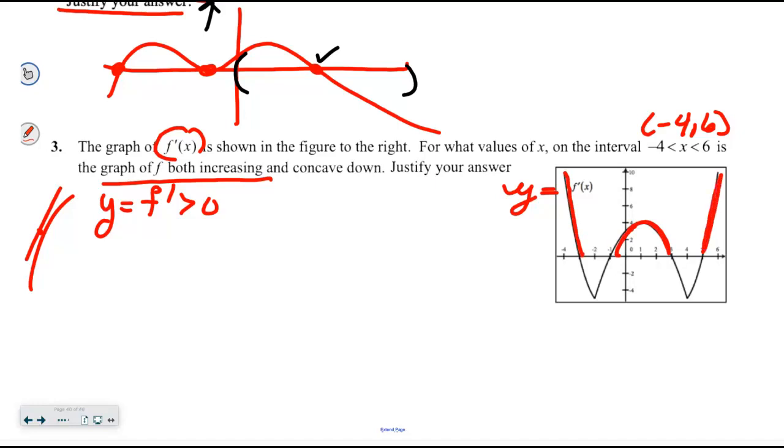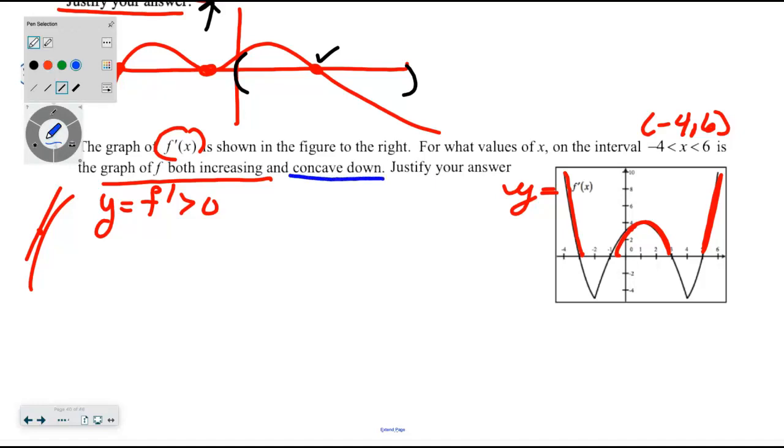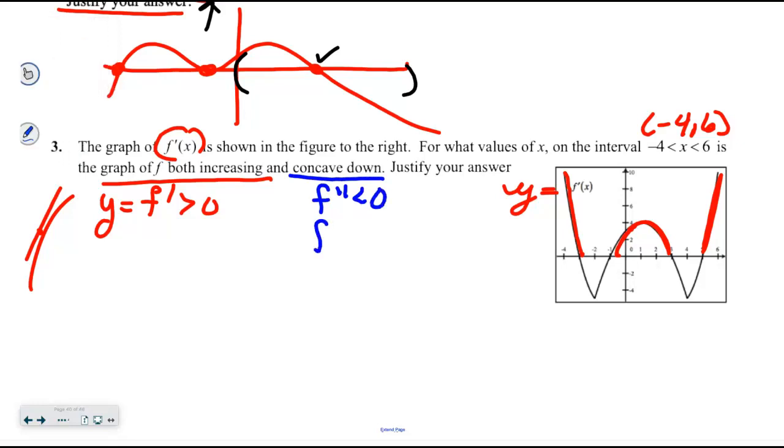So in red are all of the areas on that graph where f must have been an increasing function. But it also says, and concave down. This means f double prime must be negative. This means f prime, because that's what my graph is, must decrease. For its slopes to be negative, f prime must decrease.